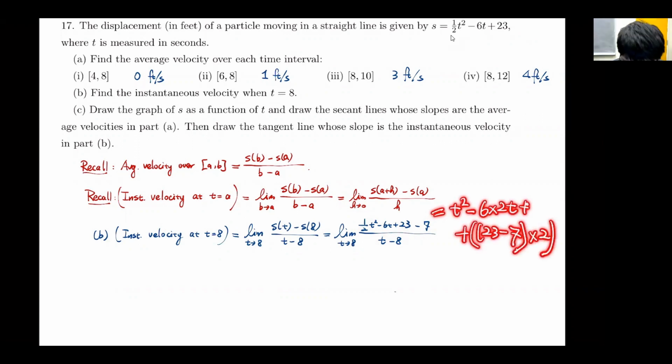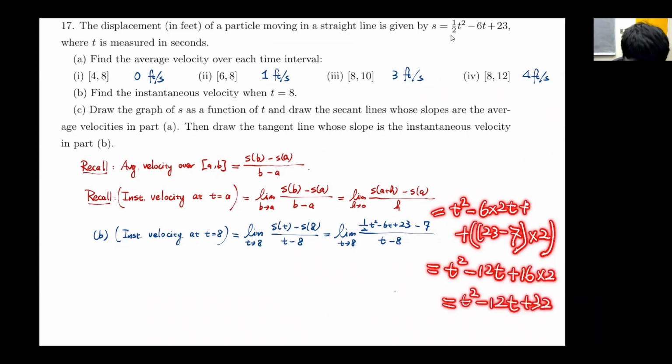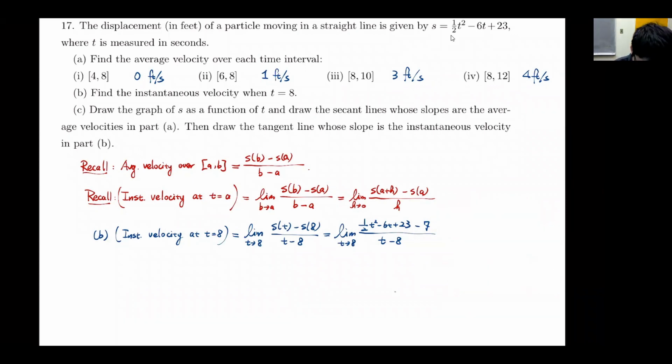So simplifying, I get t squared minus 12t plus 16 times 2, and the answer will be t squared minus 12t plus 32. So after the simplification, I will get the limit of 2t minus 8 in the denominator, and on the top, t squared minus 12t plus 32.